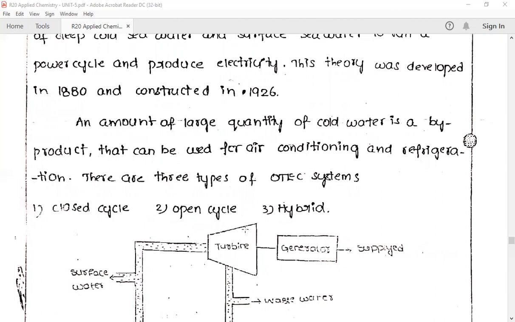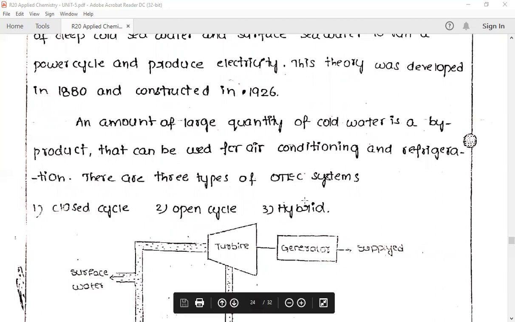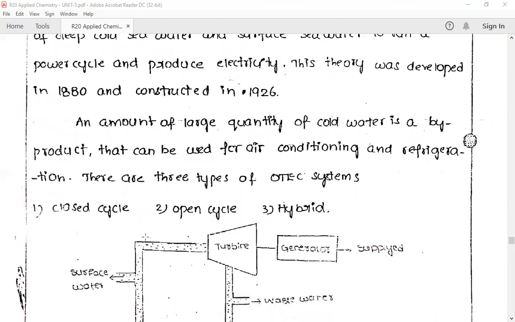To bring the colder water to the surface, the plant requires an expensive, large diameter intake pipe which is submerged a mile or more in the ocean depth. There are three kinds of ocean thermal energy converter systems. First one is a closed cycle, second one is an open cycle, and the third one is a hybrid cycle.